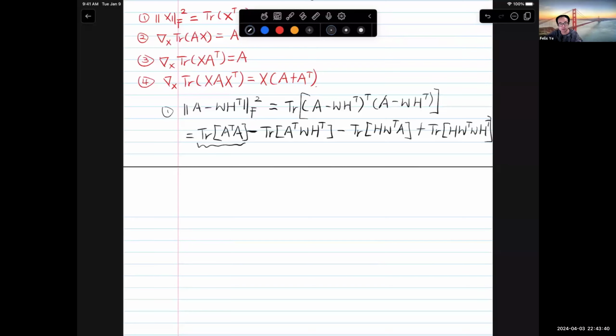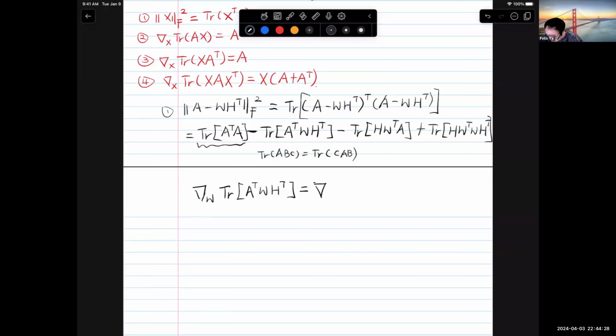Basically, the term that has nothing to do with W and H is treated as constant. For example, the first term, the trace of A transpose WH transpose, is equal to, using the fact that trace is cyclic, so you can rotate things: trace of ABC is equal to trace of CAB.